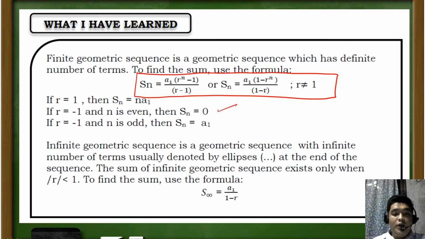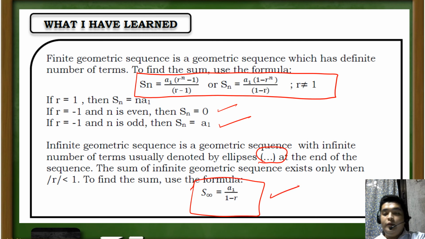If R is -1 and n is odd, then S sub n is equal to A sub 1, just the first term. An infinite geometric sequence is a geometric sequence with an infinite number of terms, usually denoted by an ellipsis at the end of the sequence. The sum of an infinite geometric sequence exists only when the absolute value of R is less than 1. To find the sum, use the formula. Again, take note of our formulas.